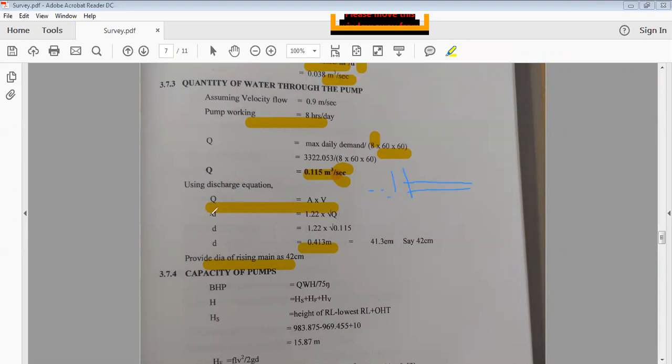So this is the diameter we found, knowing that water will be lifted with 8 hours of pumping. The rising main diameter is 42 centimeters.